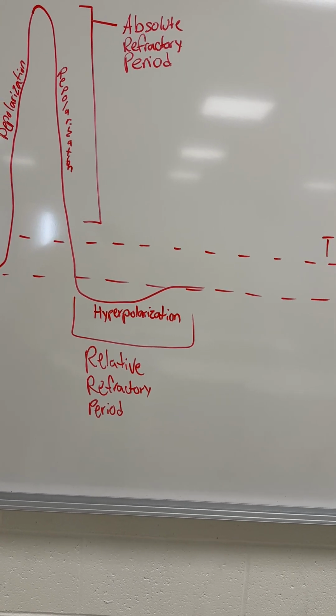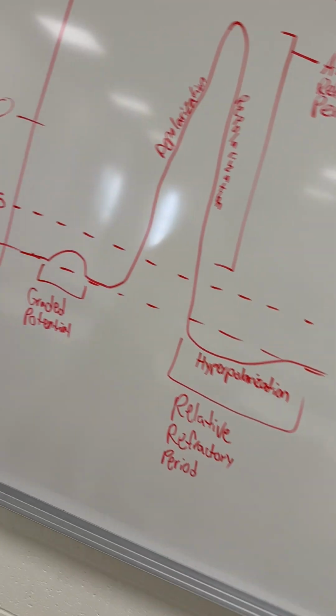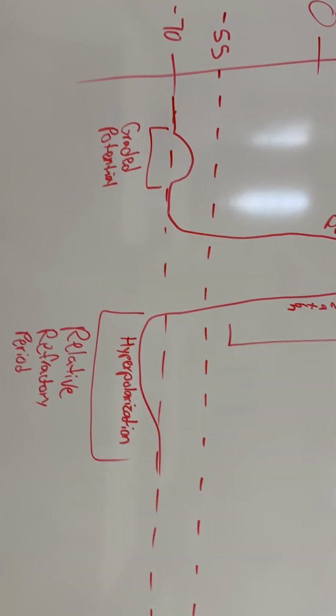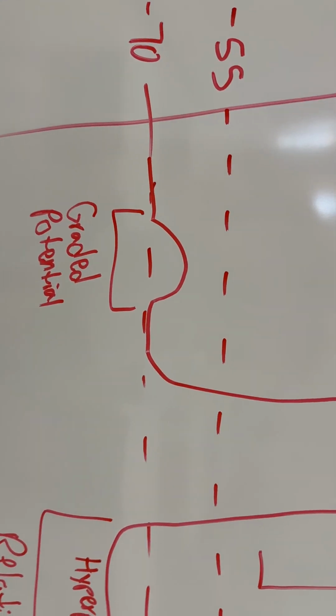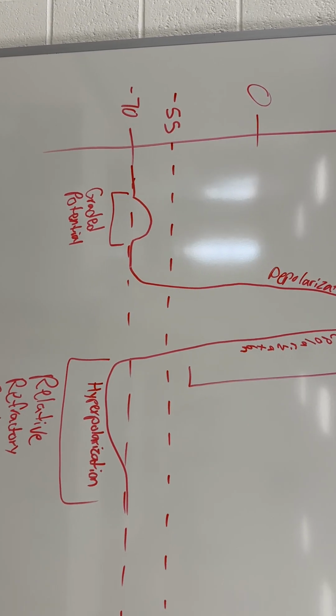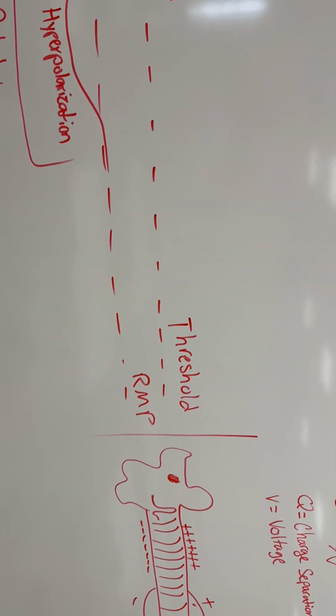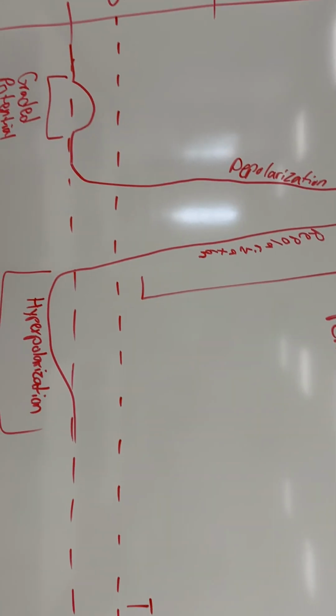All right, so describe the events that take place during a typical action potential. What will happen is we'll have an influx of ions into the cell that changes the resting membrane potential, which is going to cross the threshold, the action potential threshold.